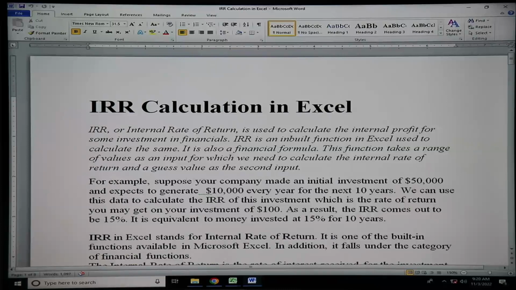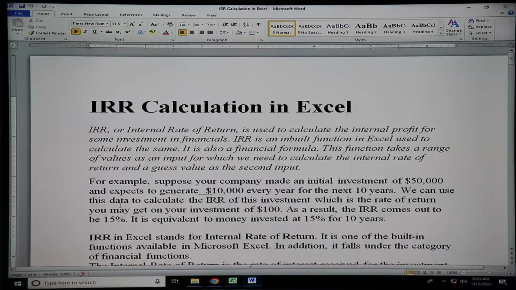So, for example, suppose your company made an initial investment of 50,000 and expects to generate $10,000 every year for the next 10 years.